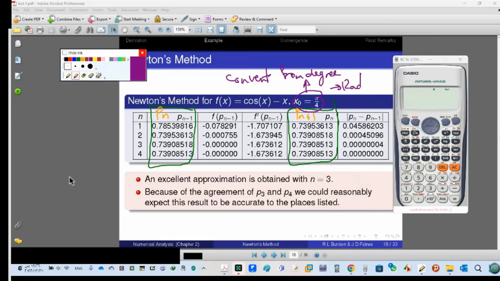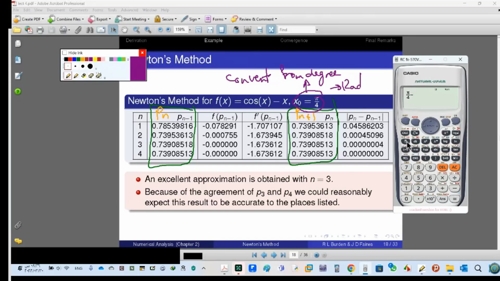This is your calculator. Shift, this is radian mode. Now pi over 4. Okay, this is shift pi over 4 minus, sorry, delete.